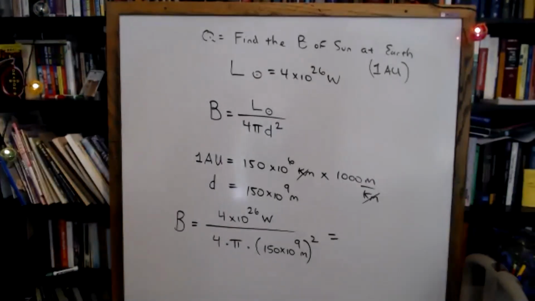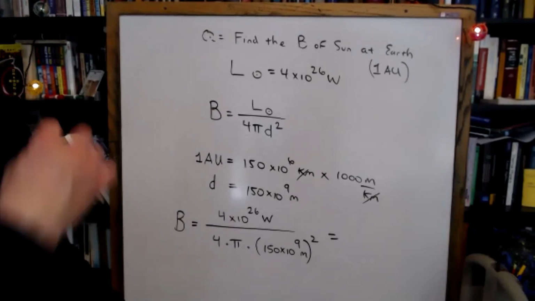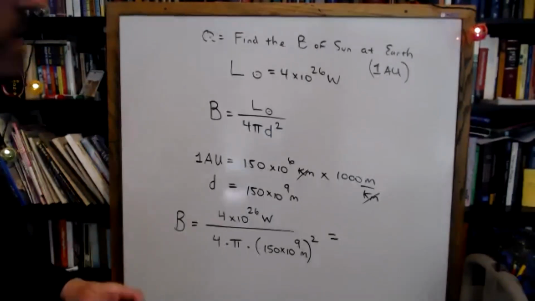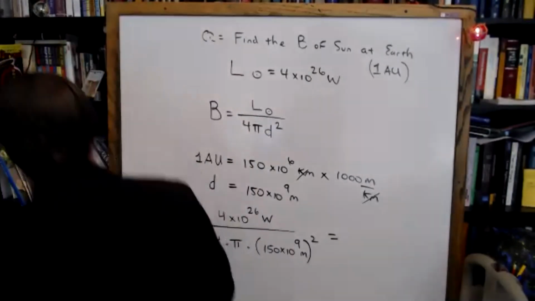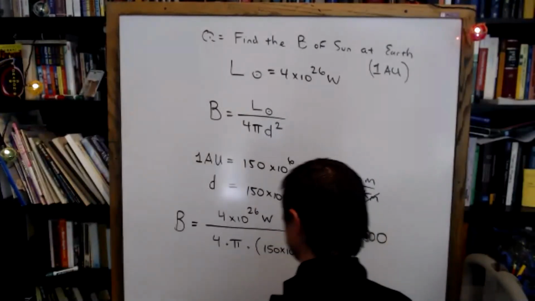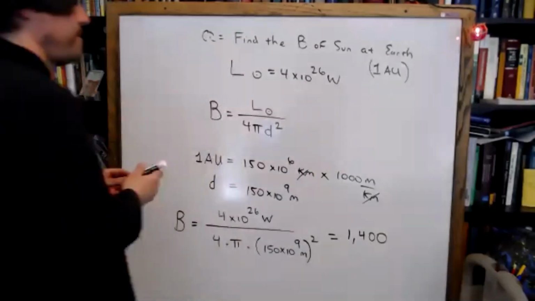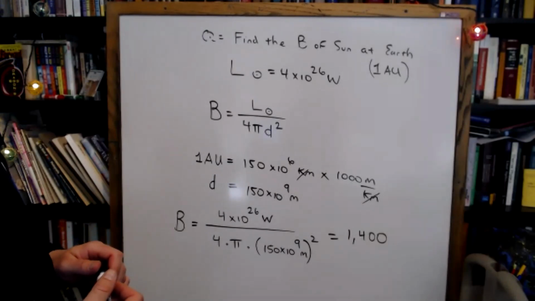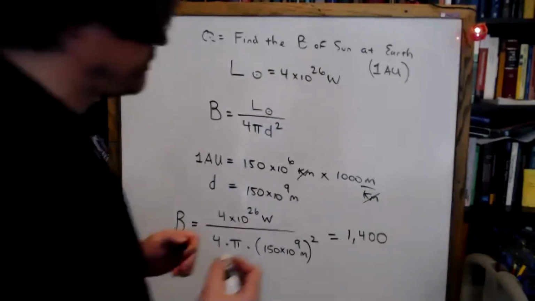Excellent. Can you round that to 2 sig figs for me, Megan? Would I do 1,400? That's right. What are my units? Would it be watts divided by meters squared? That's correct. 1,400 watts per square meter.